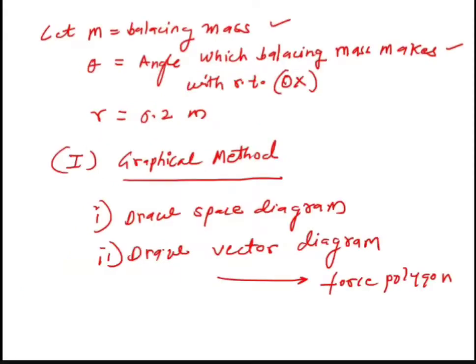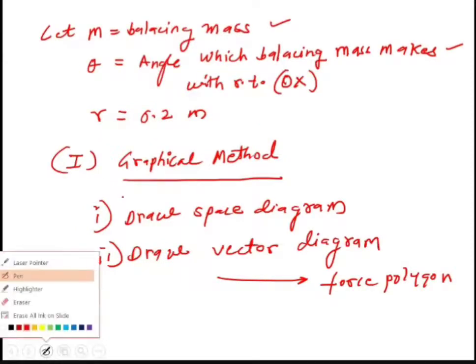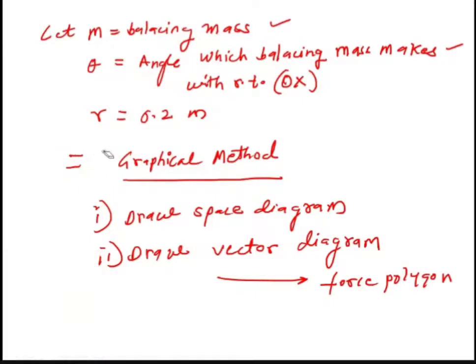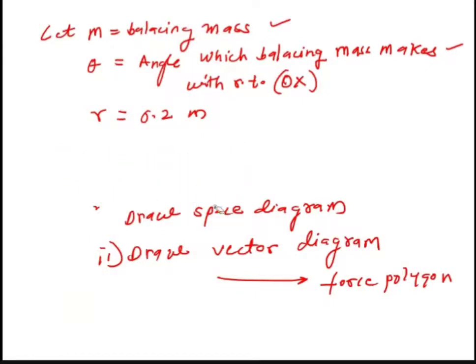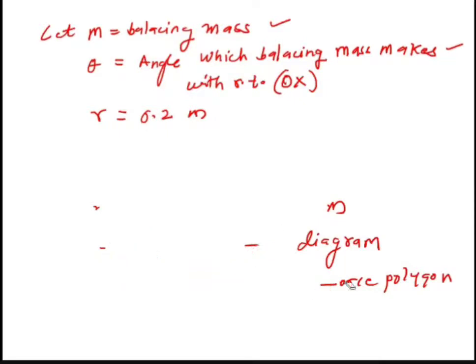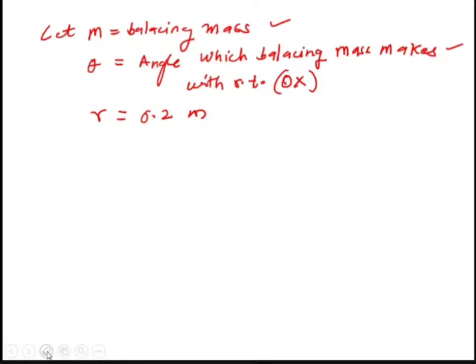So how will you calculate them? You can calculate here itself. Before or after drawing the space diagram, as per your choice, you have to first calculate all the centrifugal forces.